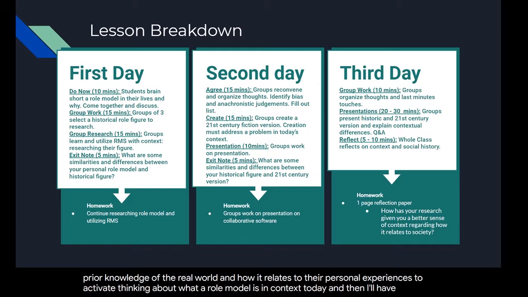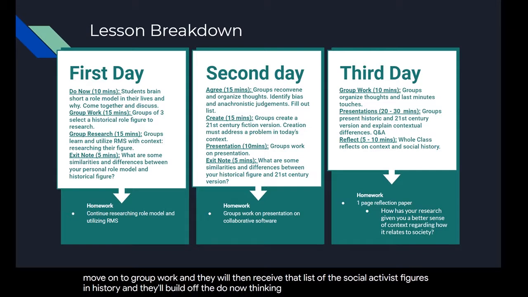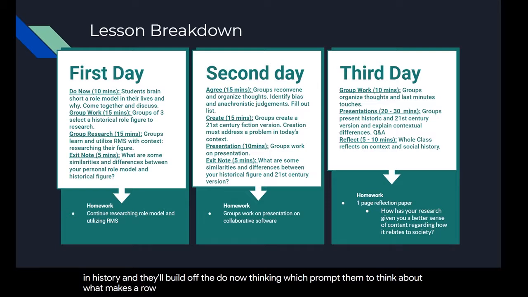And then I'll have students move on to group work, and they will then receive that list of the social activist figures in history, and they will build off the do now thinking, which prompts them to think about what makes a role model significant.